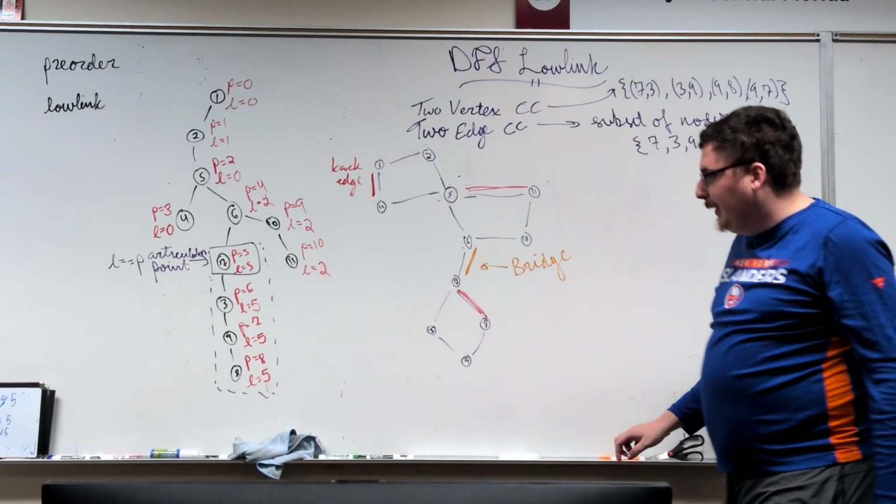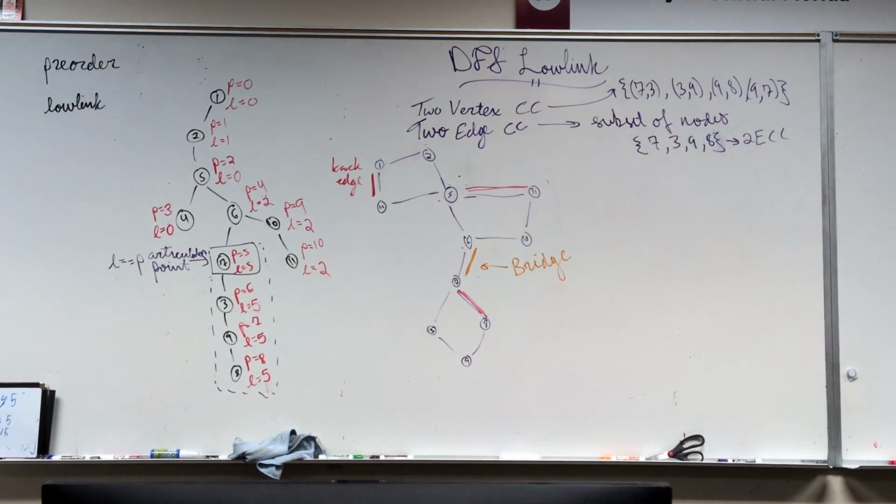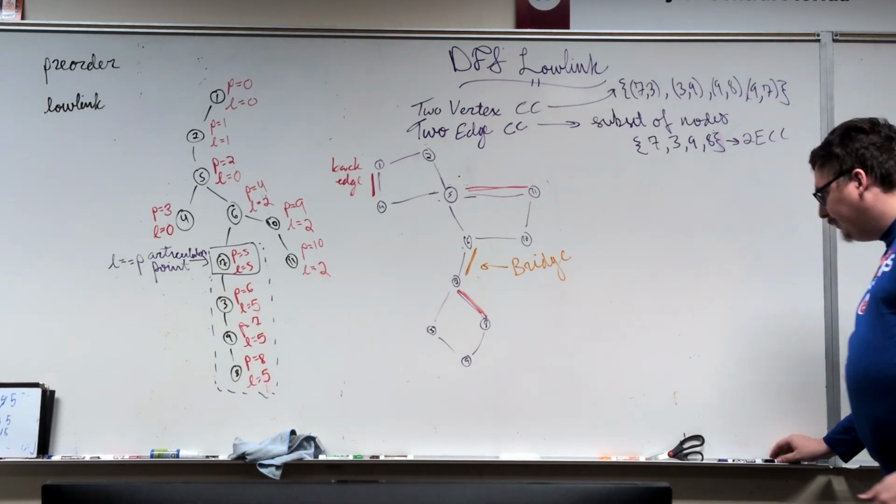So, with this algorithm I've been describing here, we've been focusing on the nodes. And because we're focusing on subsets of nodes, what I've been describing has actually been the algorithm for finding 2 edge connected components.